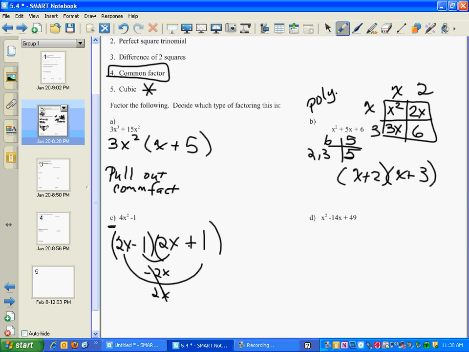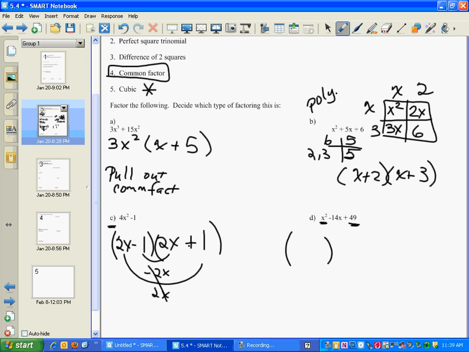Now, this is a polynomial, but which one is this that's special? It's possibly a perfect square trinomial. And we figure that out by looking at the first term, which is a perfect square. Would you agree? The last term, which is a perfect square, correct?